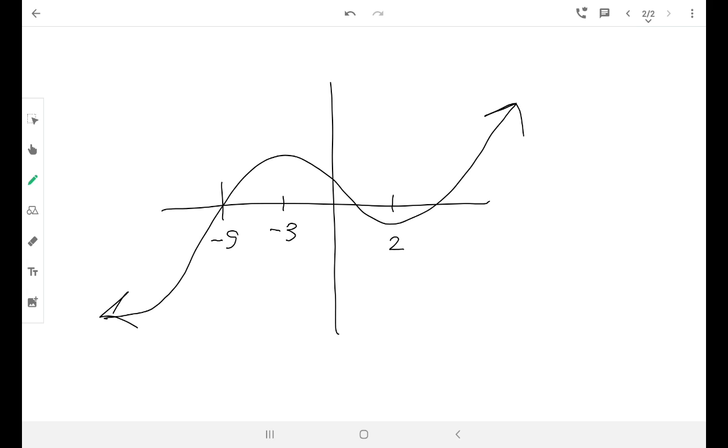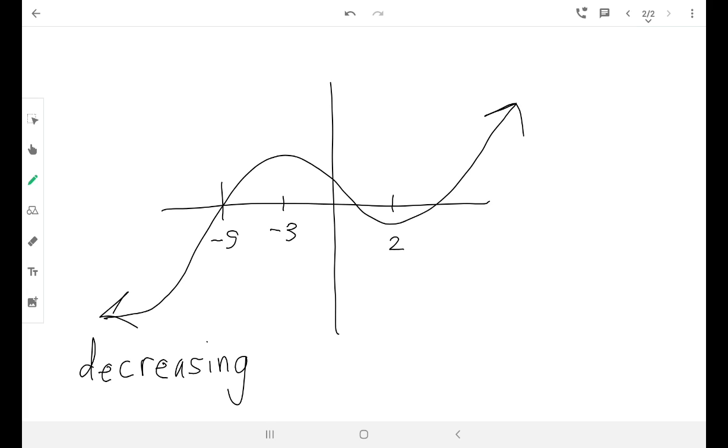I don't know. I'm just making this up here. But if these are some of my values, then I could say that this graph is decreasing for x values, that is on the interval.